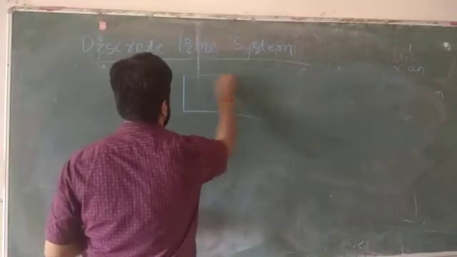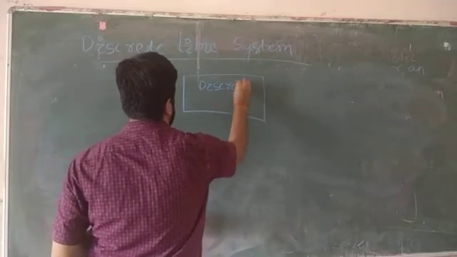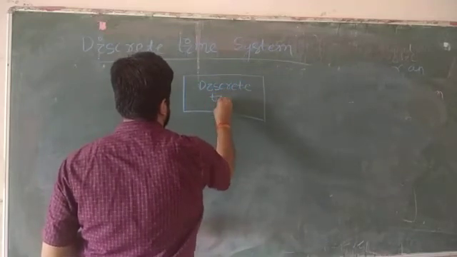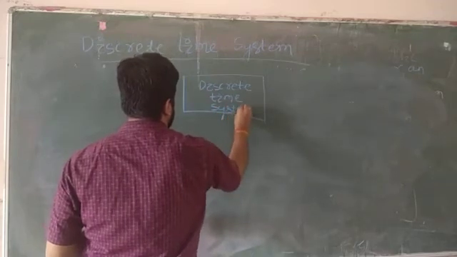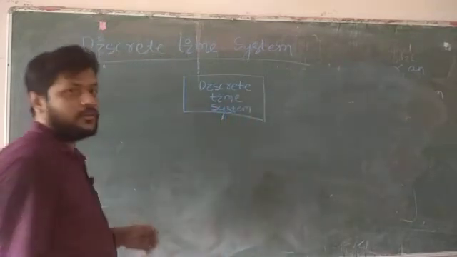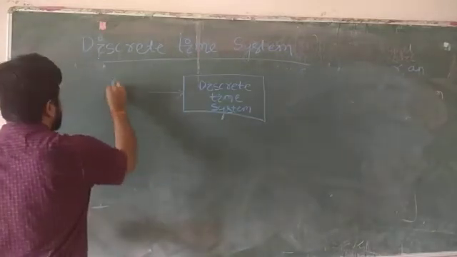So we have a discrete time system. This can be a digital or discrete time device or an algorithm, and we are providing certain input.